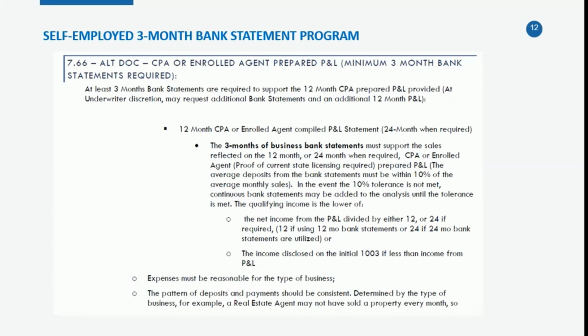So you might have had a 3-month period where you're showing yourself not very profitable, and then you show, let's say, 9 months of being profitable on bank statements, and the profit might be extremely high. They don't count the expenses against you.